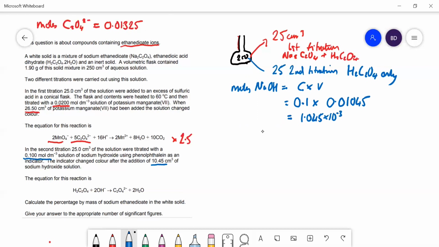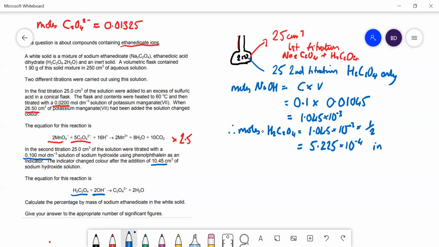Now 2 moles of OH minus react with 1 mole of acid. So the moles of acid, H2C2O4, is that times by a half, which equals 5.225 times 10 to the minus 4. And don't forget, that's in 25 centimeters cubed.